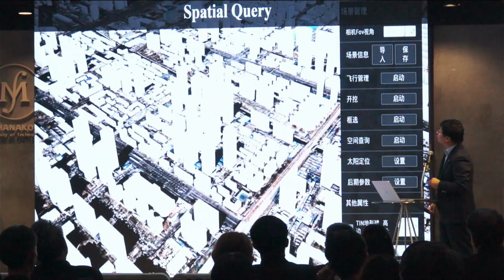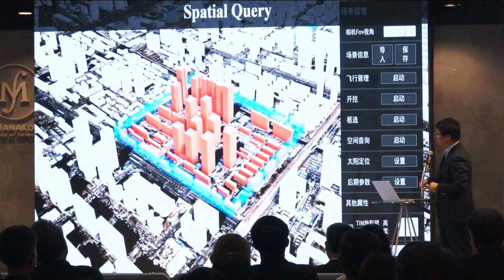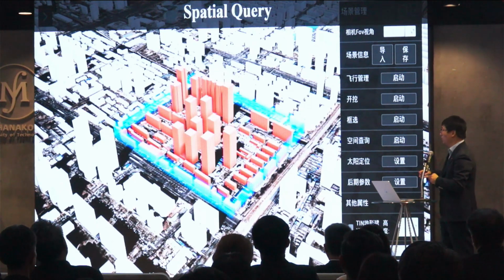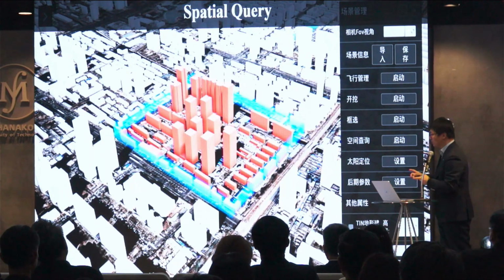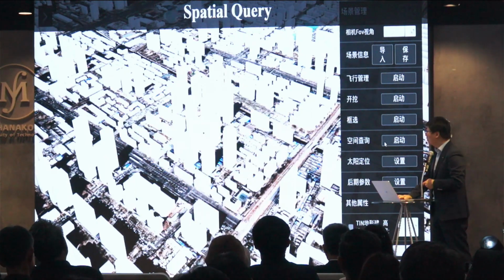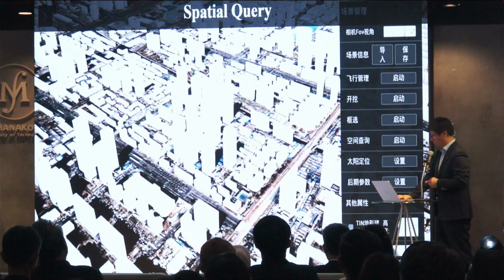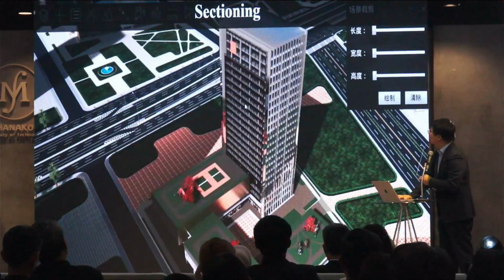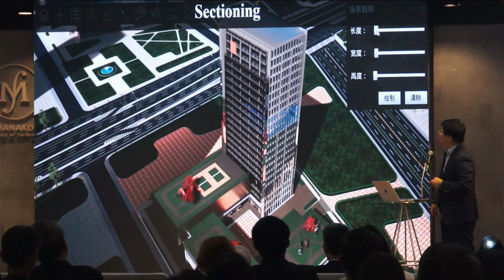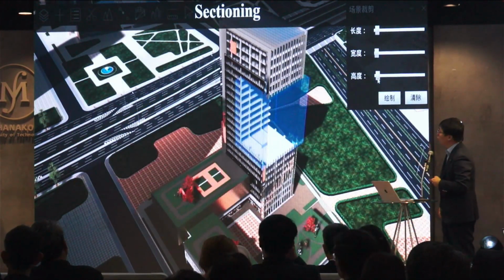Another useful query is what we call the spatial query. We draw a polygon to see which buildings are inside this area and which are outside. This is the sectioning, especially used in the BIM data.